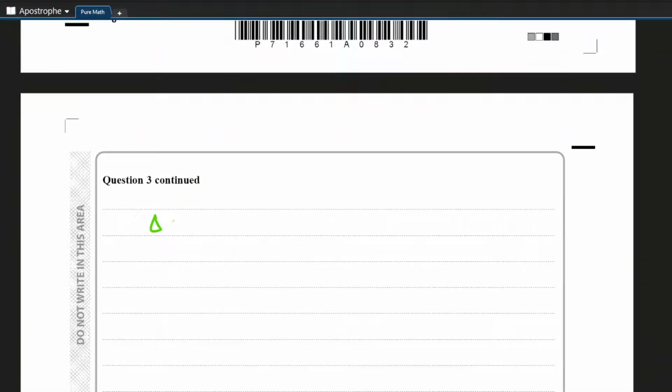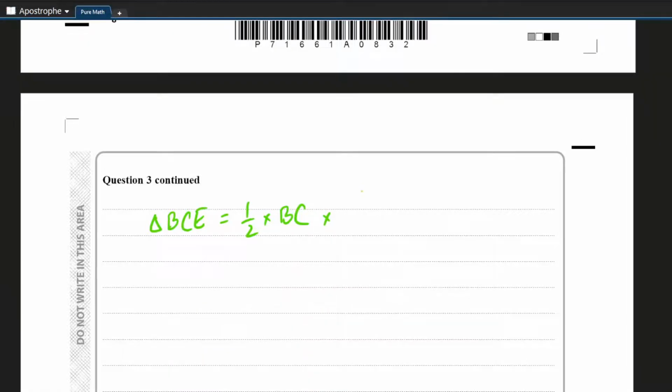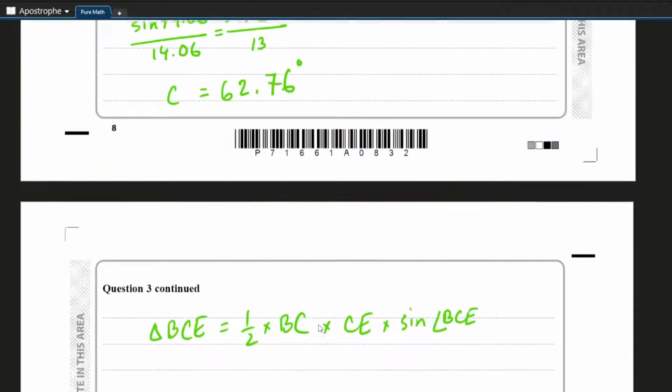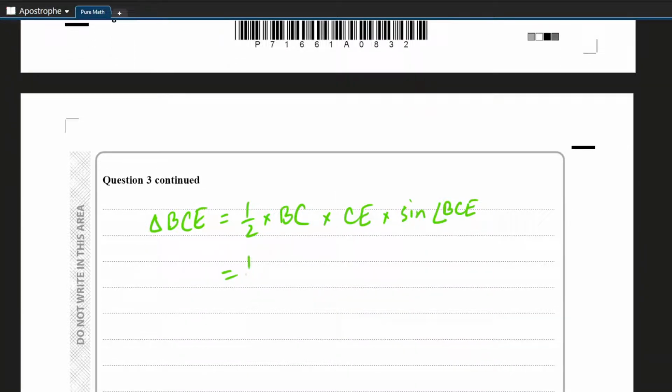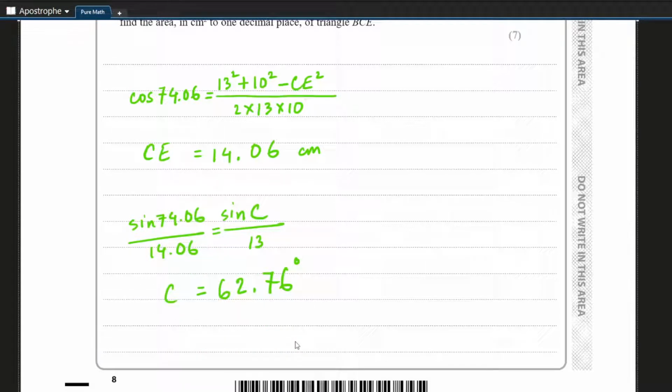So area of triangle BCE is equal to half into BC into CE into sine of angle BCE. Let me calculate the angle here.